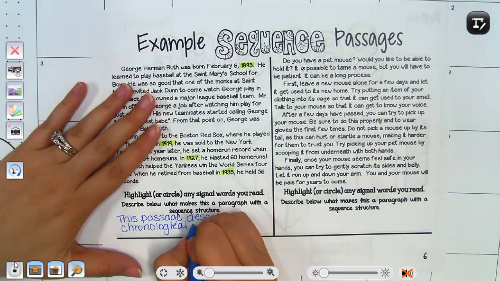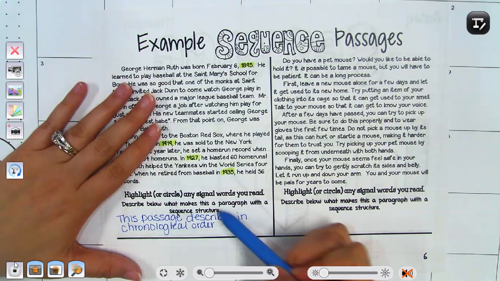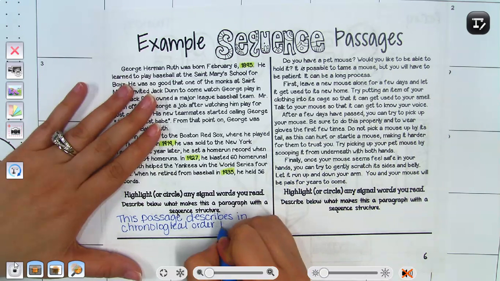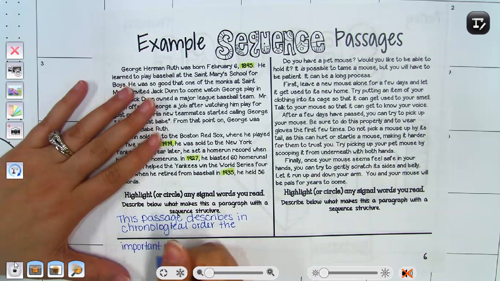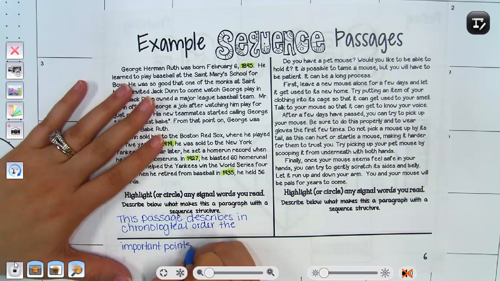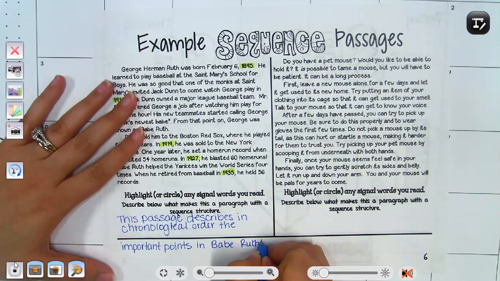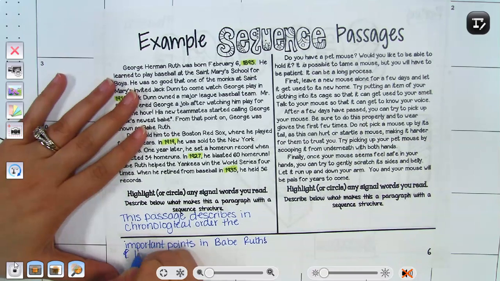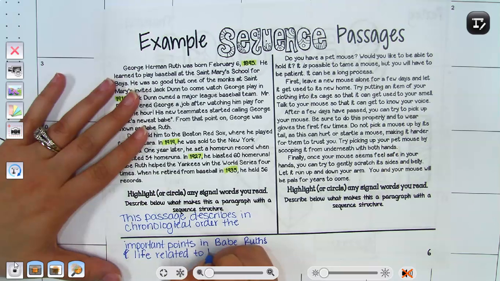So this passage describes in chronological order the important points in Babe Ruth's life related to baseball. So it's only the important parts of his life when it came to baseball.